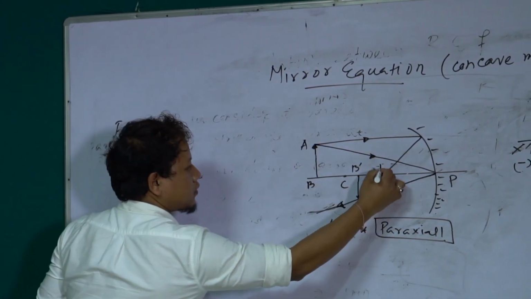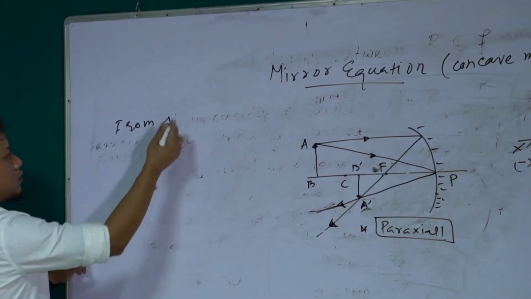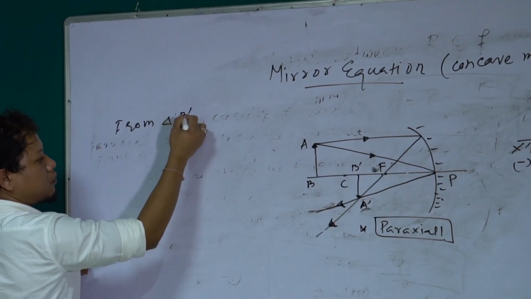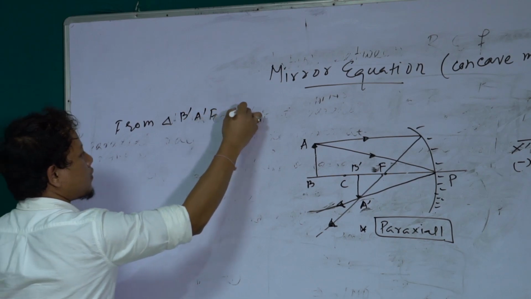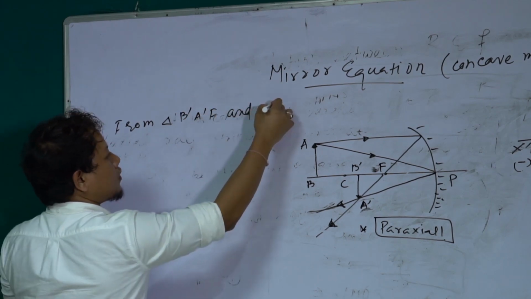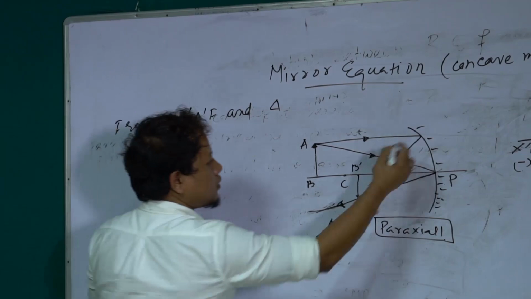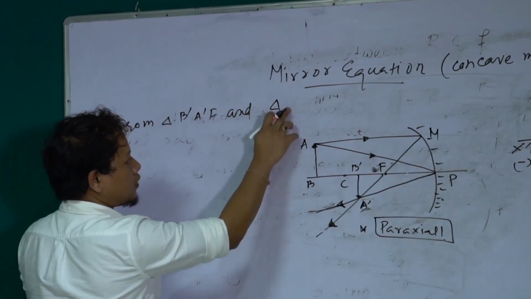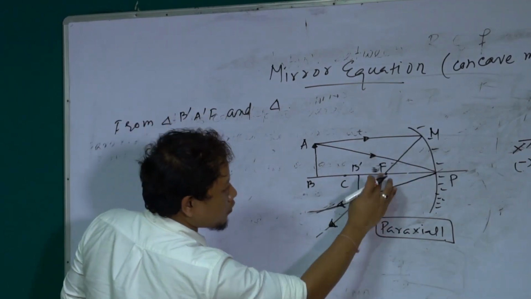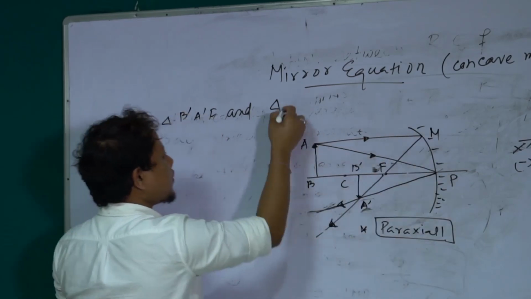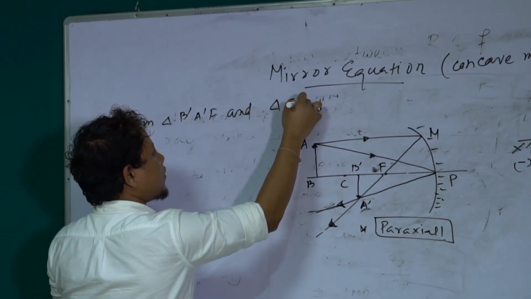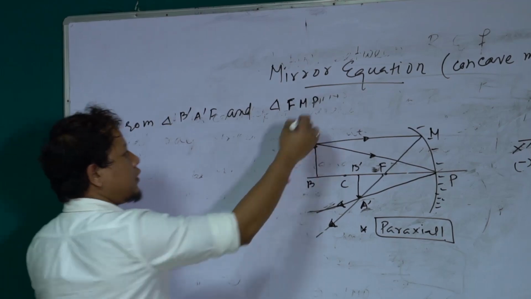This is the focus. So from delta B dash A dash F and delta, say this is a point, which one can you take? FMP.